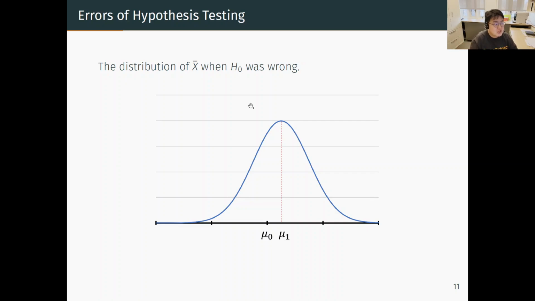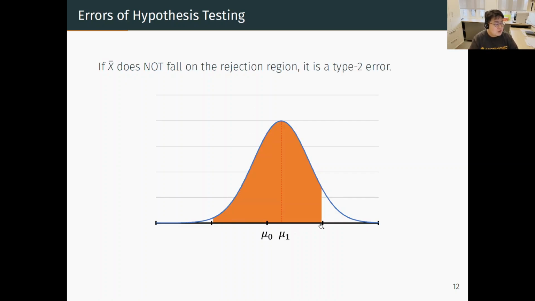But you fail to reject it if the realized sample average is close enough, within the critical values. If the realized sample average is within the critical values, you cannot reject the null hypothesis, and that is another error.